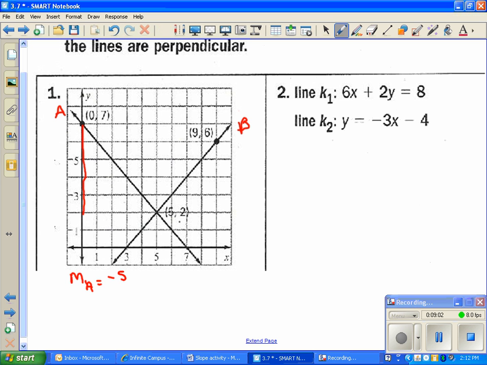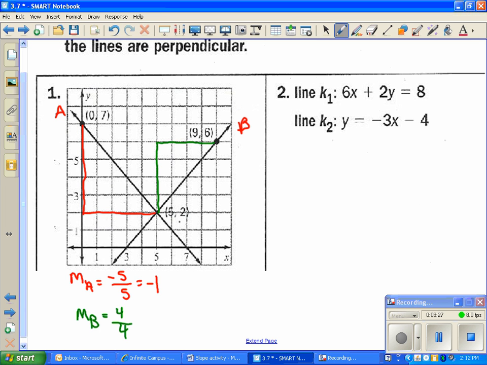So down 5 and over 1, 2, 3, 4, 5. Over 5. So that gives me negative 1. And this one over here, I went rise 1, 2, 3, 4. Over run 1, 2, 3, 4.